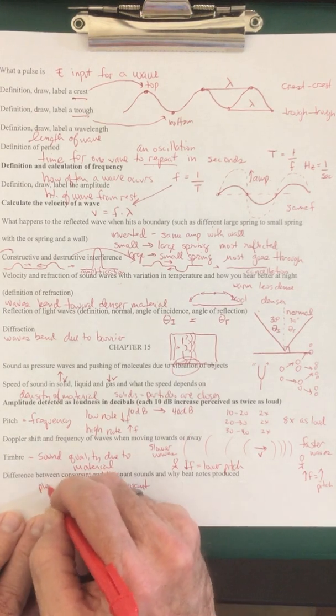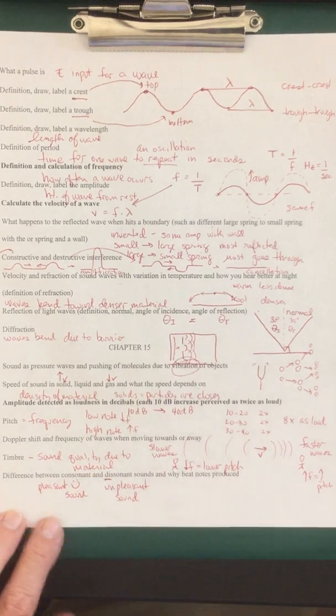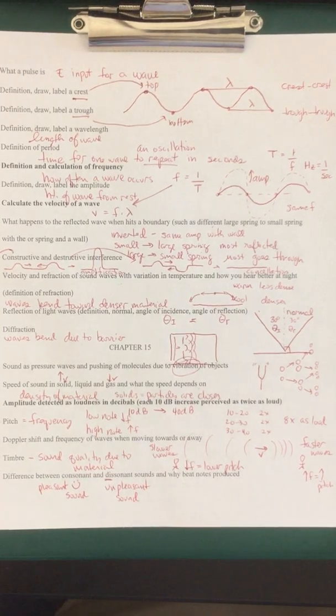So again, these are pleasant sounds. These are unpleasant sounds. Remember, if 2 notes are too close to each other, it's not a very good mathematical ratio. It sounds very off to our ear. It's a very unpleasant sound.